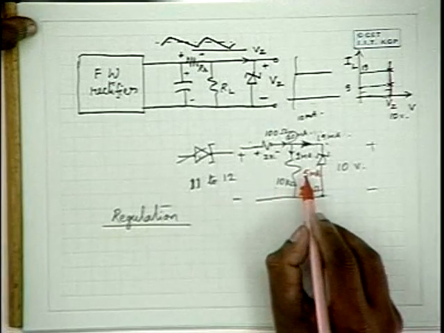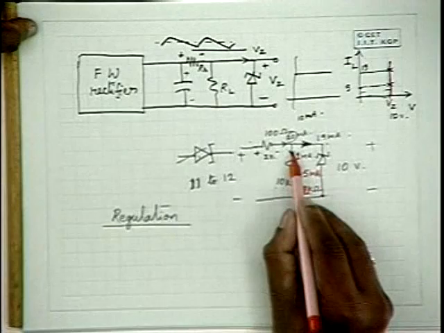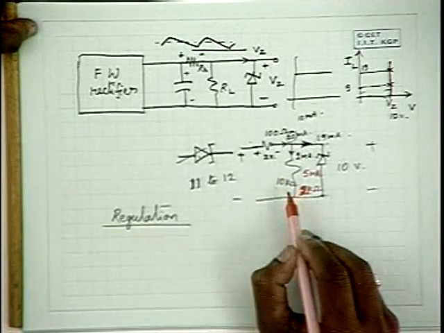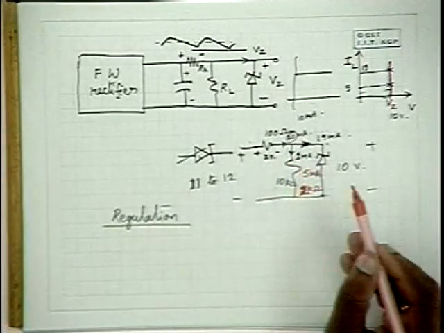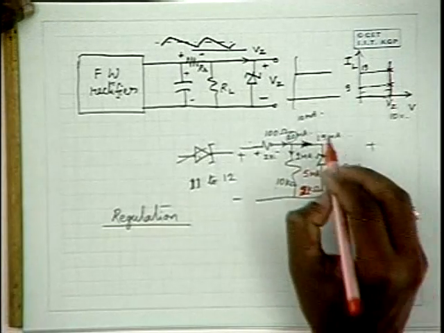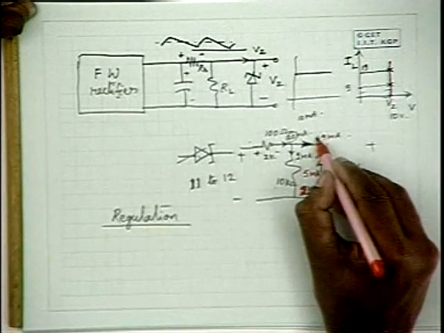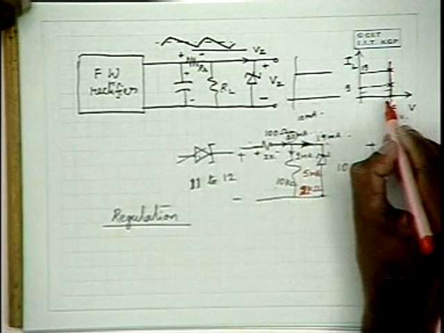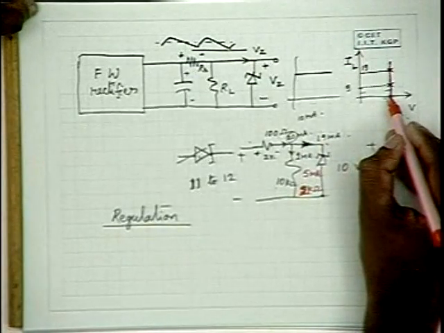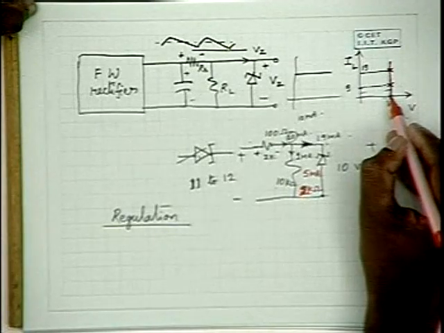Of course, this capability is limited, and you can proceed up to a maximum load current, up to the zener current. The zener current can at the most go down to 0, ideally.